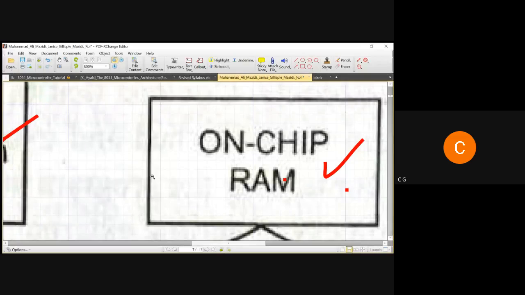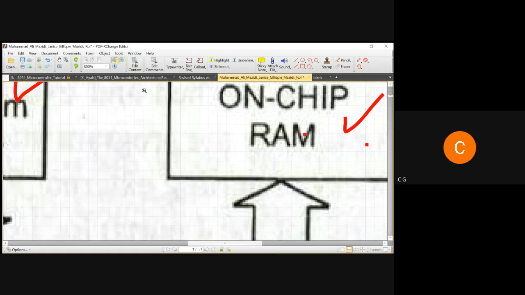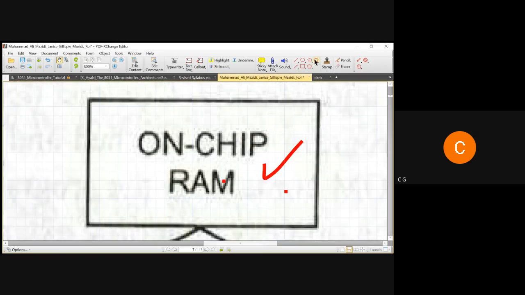From here the journey begins. The bottom part is 00, then 01, 02, 03, 04. So this is going to develop in this fashion.